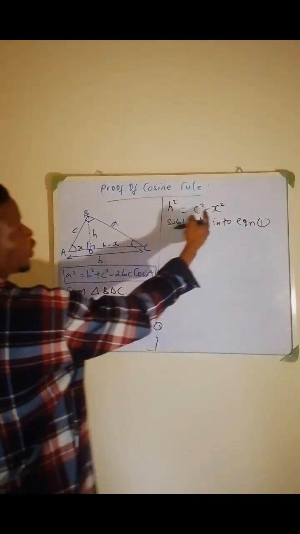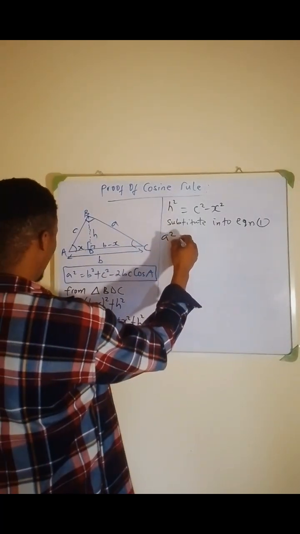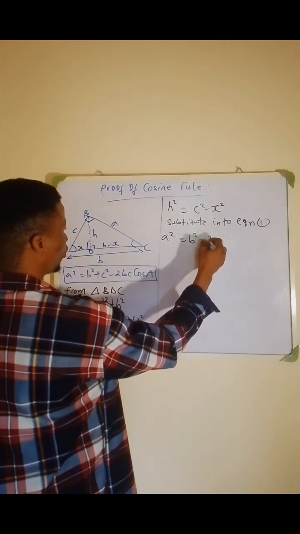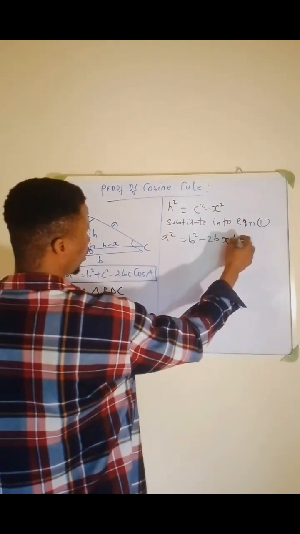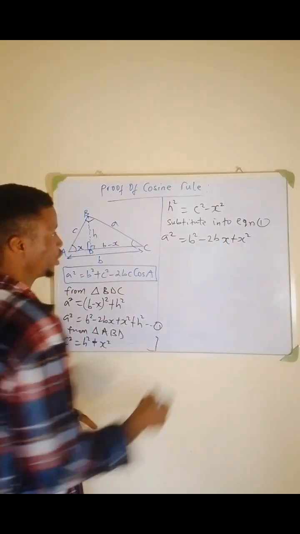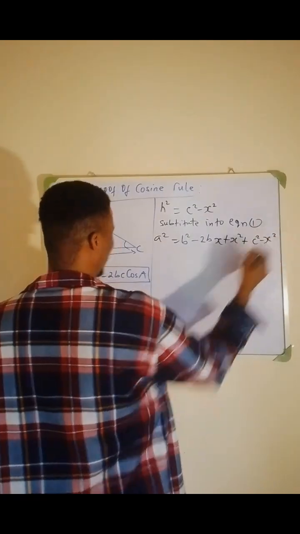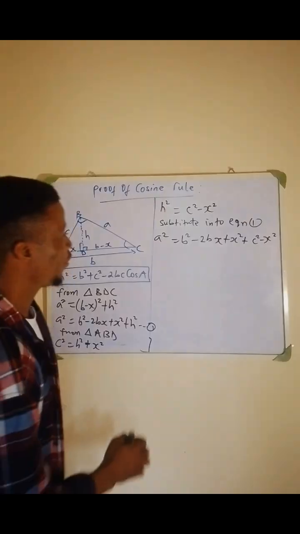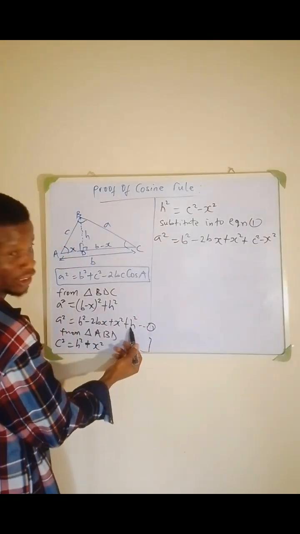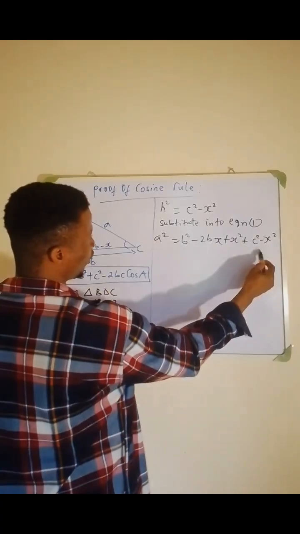Equation 1 says a square equals b square minus 2bx plus x square, and where we have h square, we put plus c square minus x square. Now we have eliminated the square of the height.